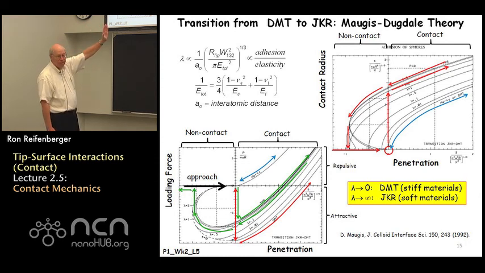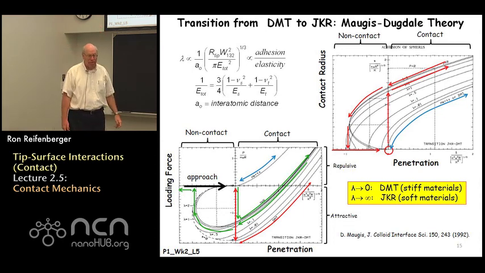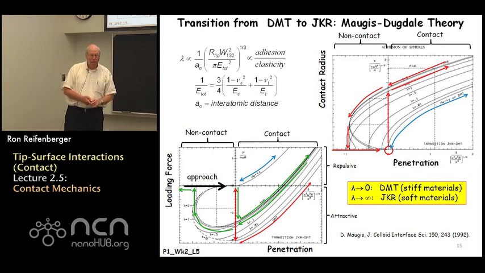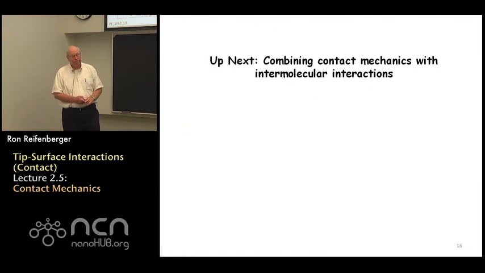Again, the assumption is you're coming in from the left. You make contact at the origin, and then depending on what your parameters are and which model you choose, you have different penetrations for the force, and different penetrations as a function of the contact radius. This is just more for information than anything else. It just shows you how complicated this gets, and it gets complicated very quickly.